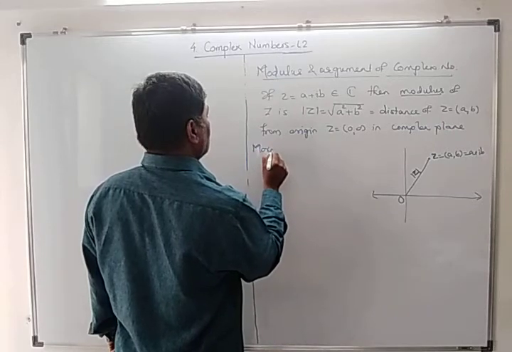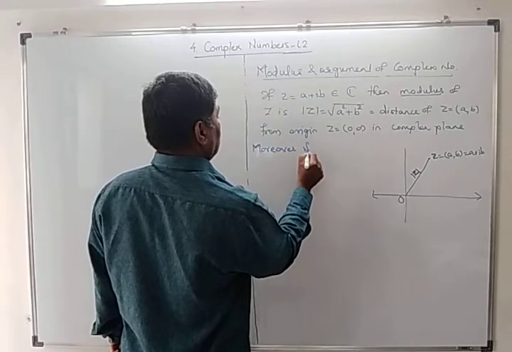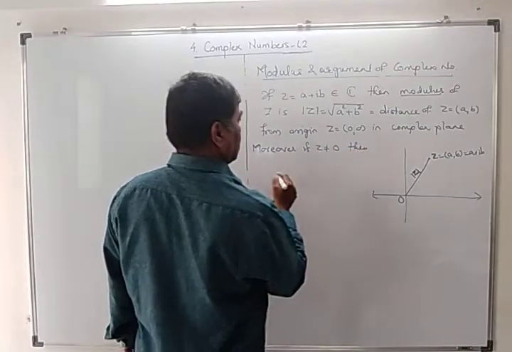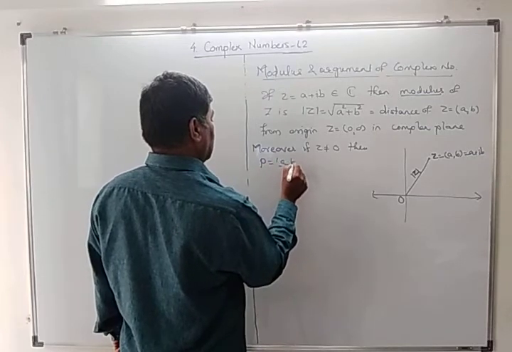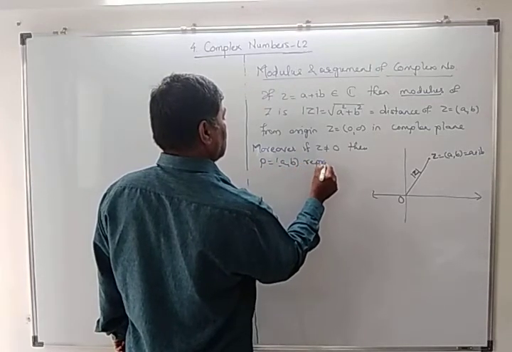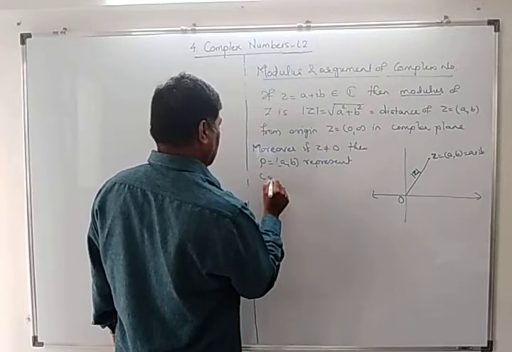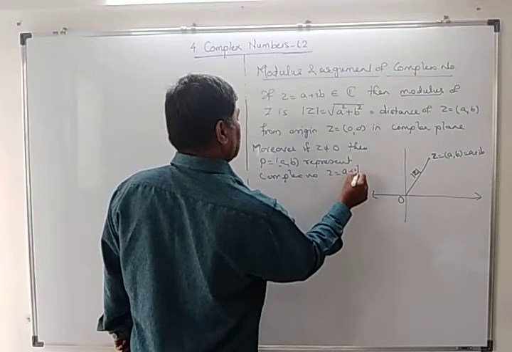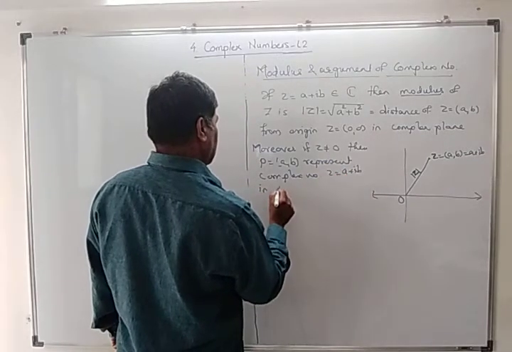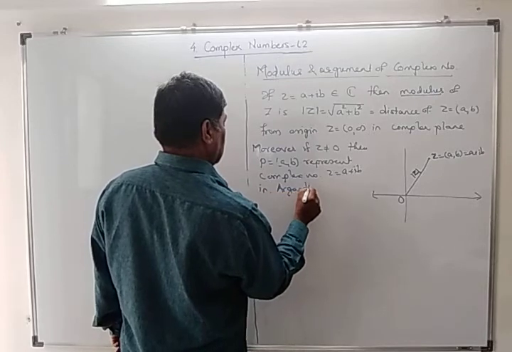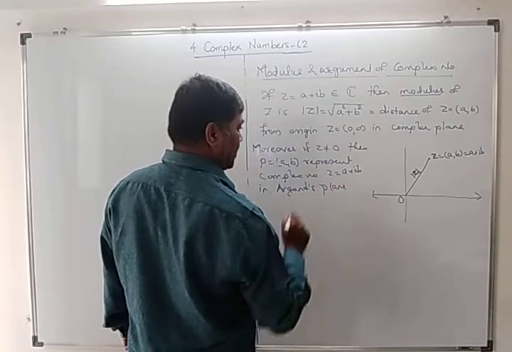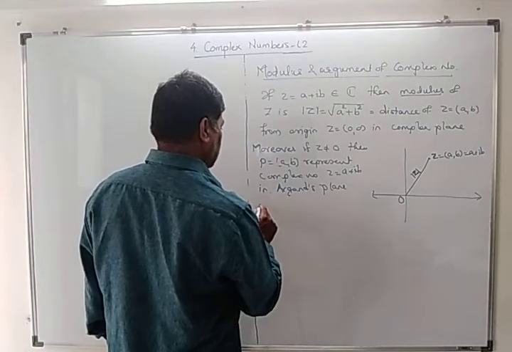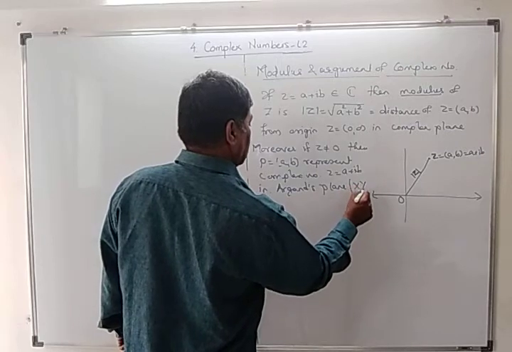Moreover, if z is not equal to 0, then P equal to (a, b) represents the complex number z equal to a plus ib in the Argand plane, or complex plane, the xy plane.